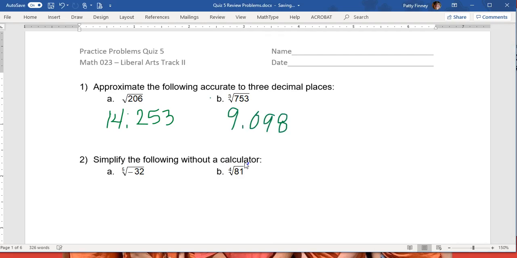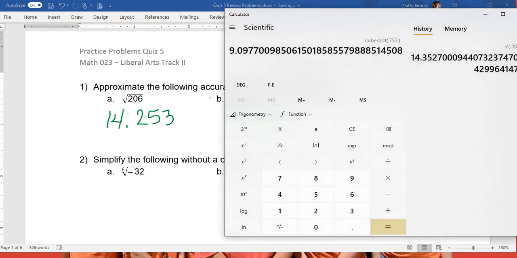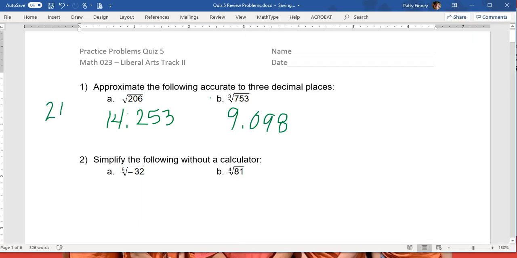So that's 9.098. Now, the other thing you could do, if you can't find your square root or your cube root key, remember you can write the roots as fractions. And so this is really 206 to the 1/2, and this is really 753 to the 1/3.